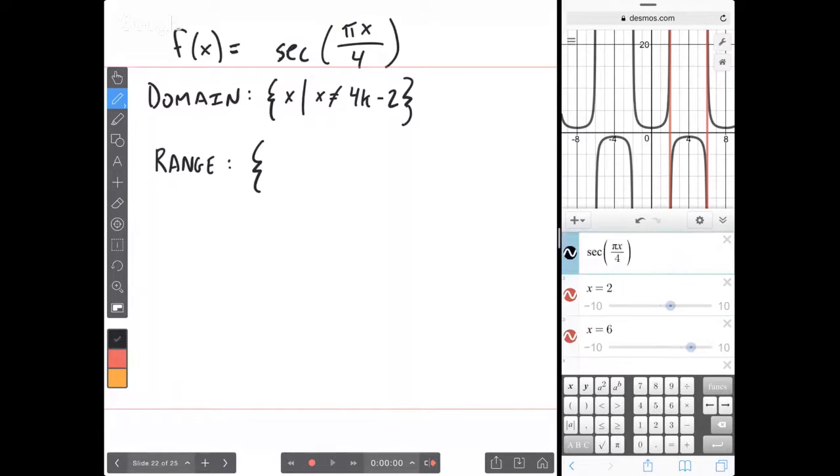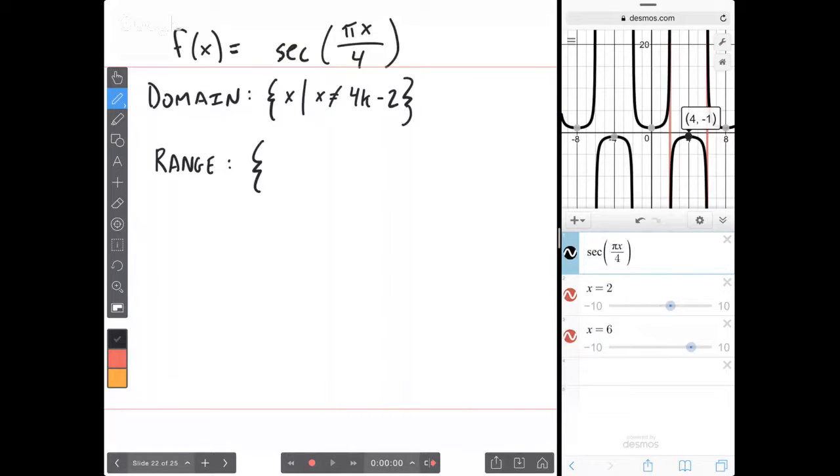Looks like it goes from, so it's y such that negative infinity is less than y less than or equal to -1 union 1 less than or equal to y less than infinity.